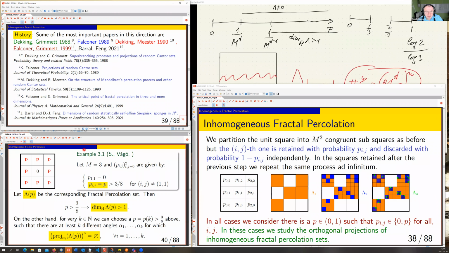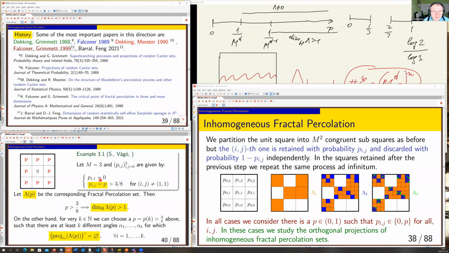Now, here we proved with Lajos Vágó, we considered this example, and that already showed that even in this simple situation, it is no longer true that if the Hausdorff dimension of this two-dimensional random set is bigger than 1, then in all projections you have an interval.